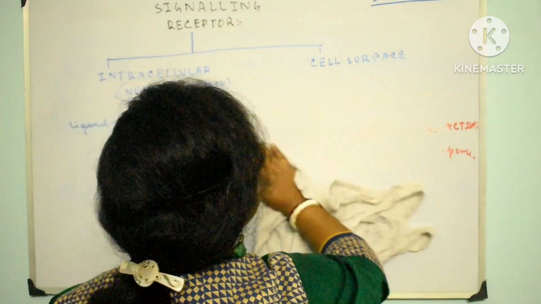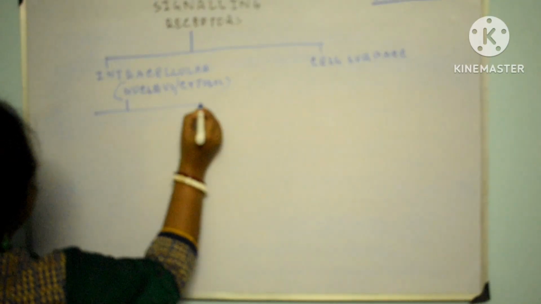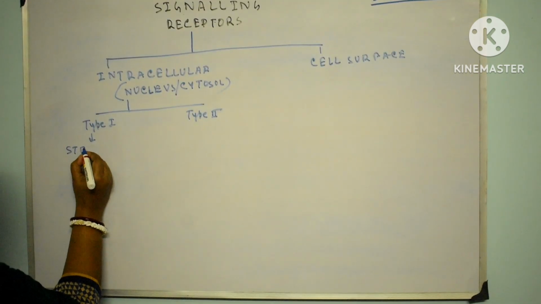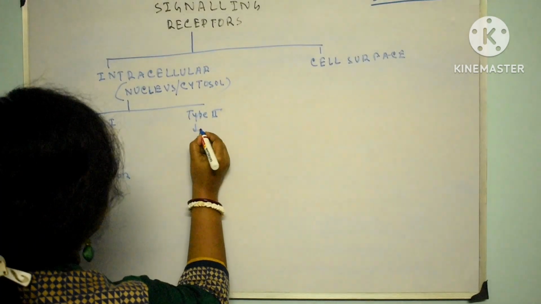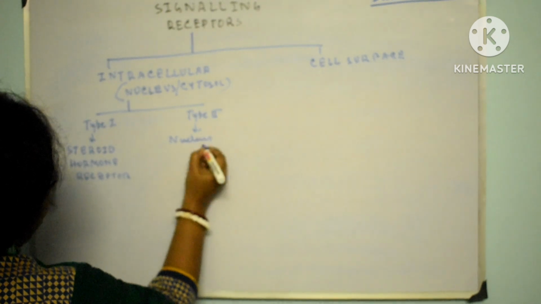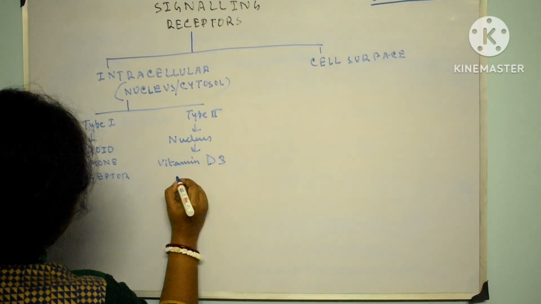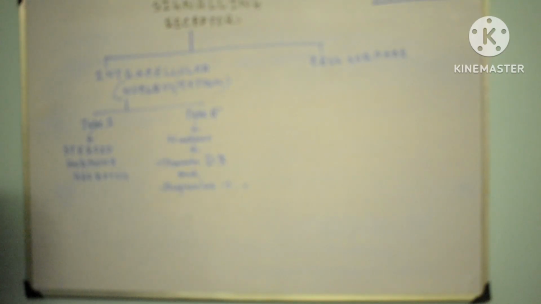Intracellular receptors are also of two types: type 1 receptor and type 2 receptor. Type 1 receptors are steroid hormone receptors, and type 2 receptors are present in the nucleus. Examples are the vitamin D3 and thyroxine hormone receptors.